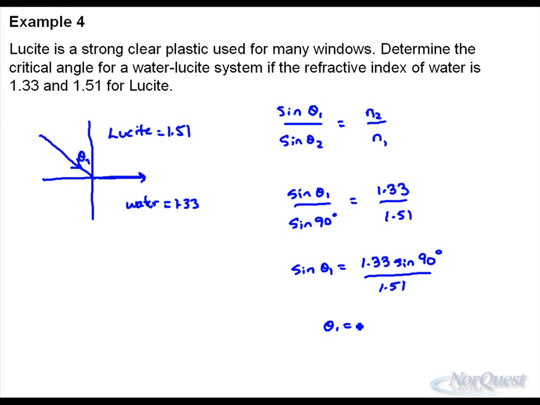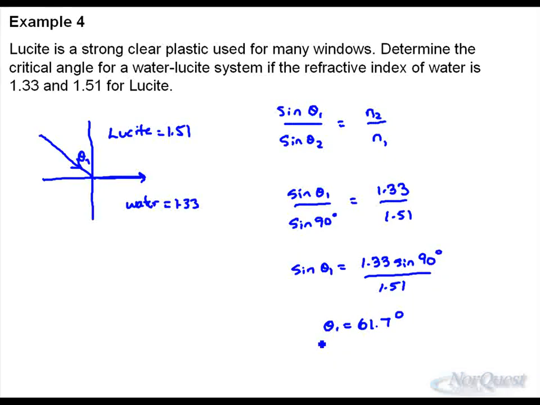To find the angle, second function sine of the ratio, and you should get an angle of 61.7 to 3 significant digits, 61.7 degrees. That's the critical angle that'll cause this to bend right along that horizontal line in this case.